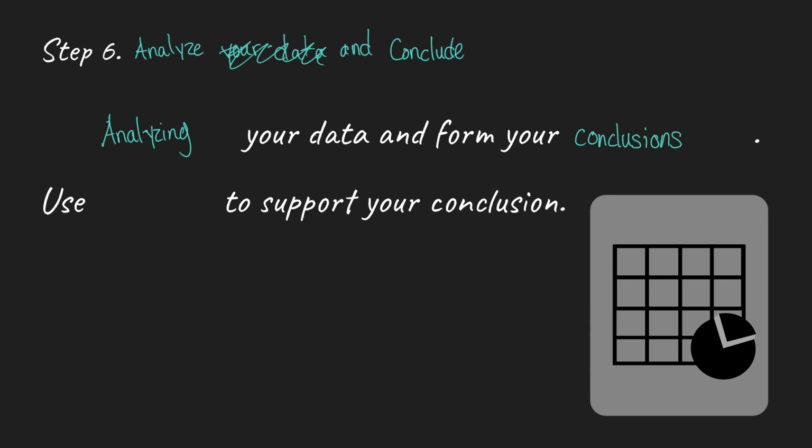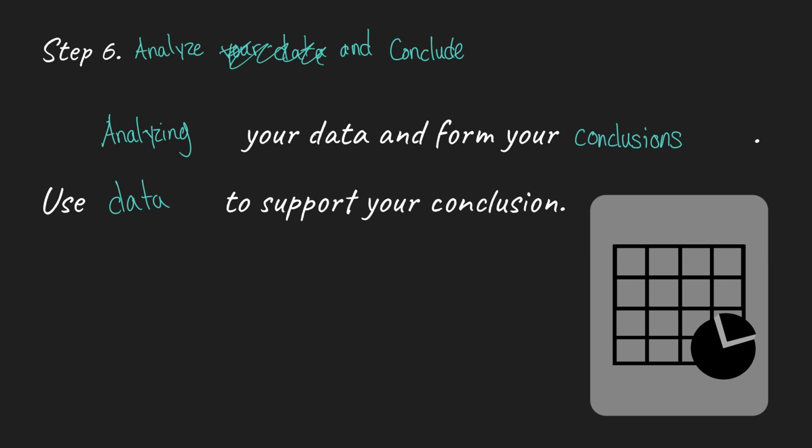And the most important, I'll give you an example. The most important part of this is to use your data to support your conclusion. So this first example, you don't need to write down either the first or the second example. The first example would be a very bad conclusion. It might be right, but it's not written well.